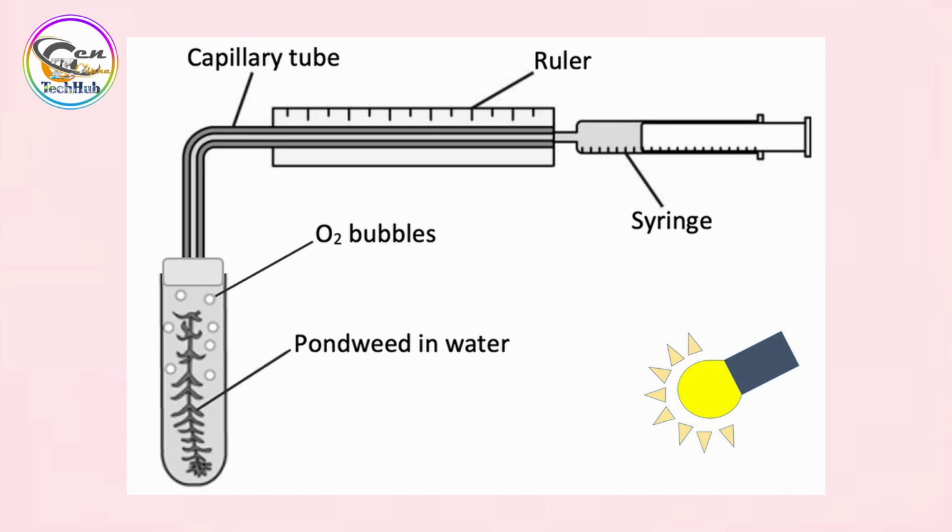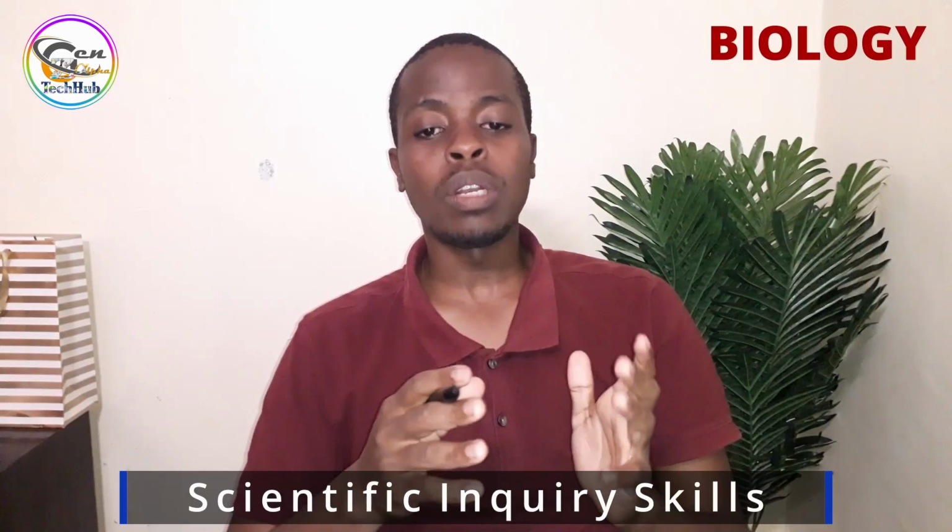Then how do we measure the rate or the speed of photosynthesis? We have a stopwatch here. We are going to count the number of gas bubbles produced after every 5 minutes, basically to get the number of gas bubbles for every 5 minutes. That will give us the rate of photosynthesis. Those are the variables.